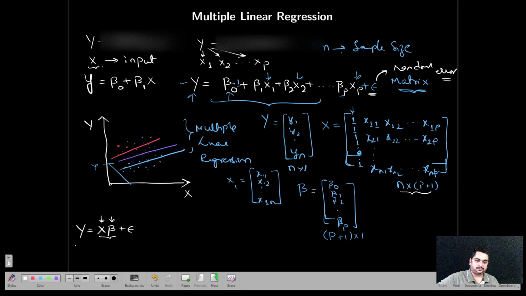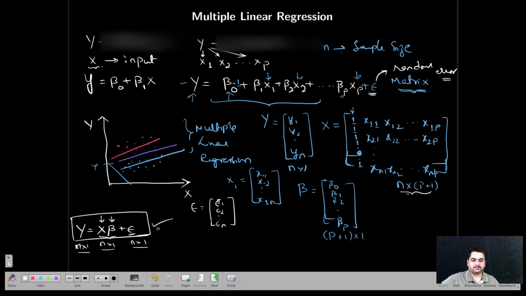So y is of size n cross 1, x is n cross p plus 1, into p plus 1 cross 1. The size after multiplication will become n cross 1, and this is an error vector, represented again as a single vector, epsilon 1 to epsilon n, which is n into 1. So I can add this because all are of the same size. This is how I represent my multiple linear regression in the matrix form. This is the final equation.